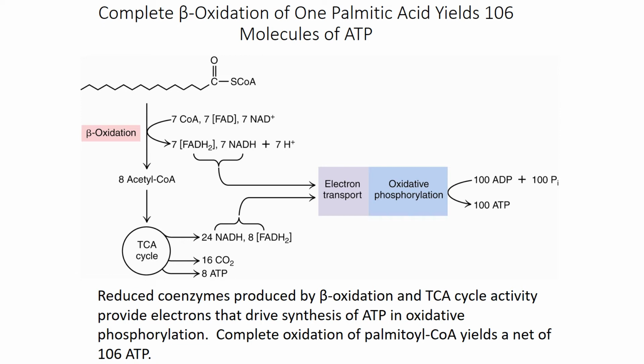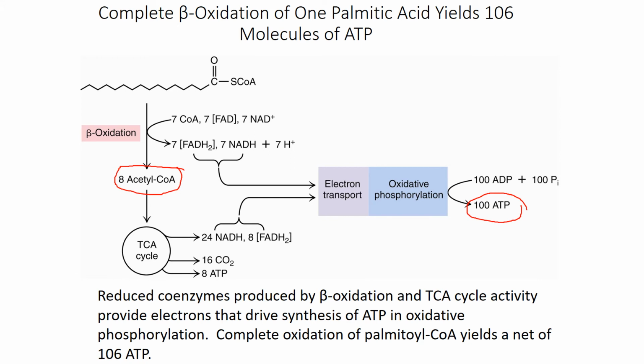So we will get 8 acetyl-CoAs from that. Here we go. So we have our 8 acetyl-CoAs. But we get FADH2, 7 NADH, plus 7 hydrogen ions. These can all go into the electron transport chain and contribute to oxidative phosphorylation and the synthesis of ATP, from which we get 100 ATP.